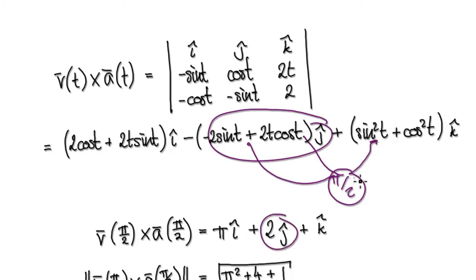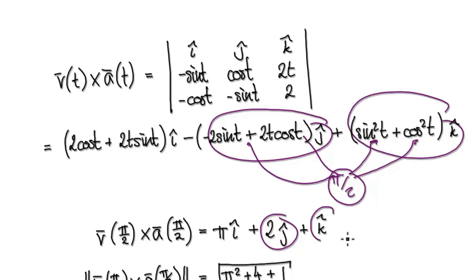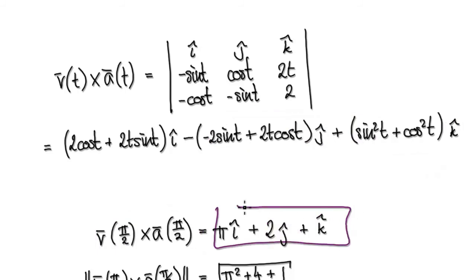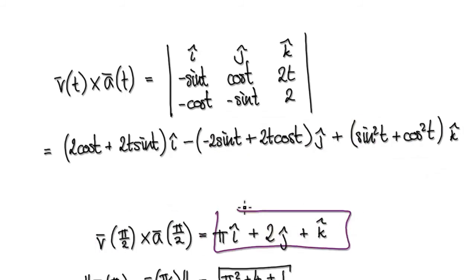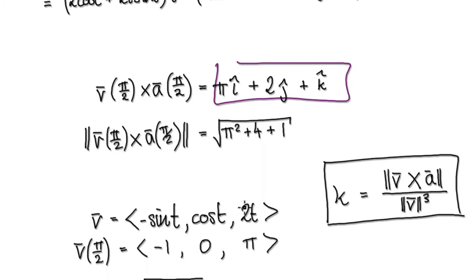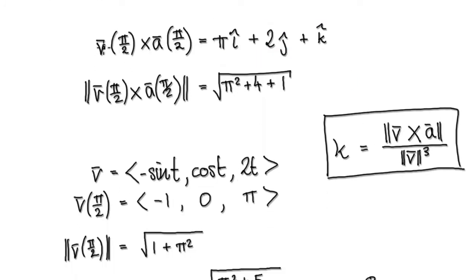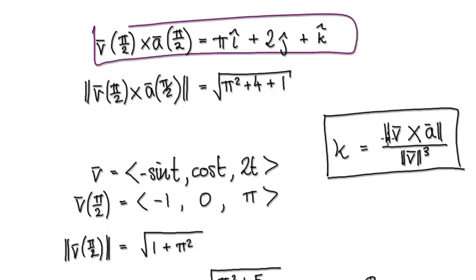Put pi over 2 into here, this whole thing here will then give you this. So evaluating it at pi over 2 will then give us this. But then if you look at the formula, we've just computed this. So all we've done is this.